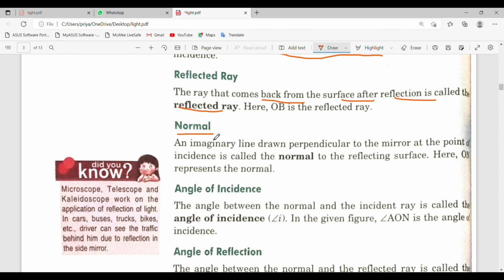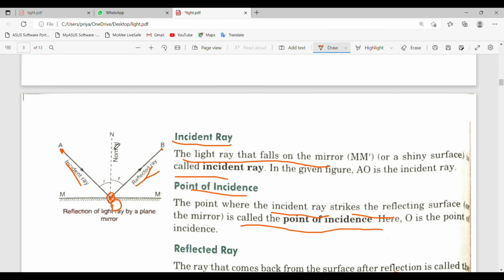Normal. What is normal? It is an imaginary line which is drawn perpendicular. Perpendicular means which makes an angle of 90 degrees with the surface of reflection.